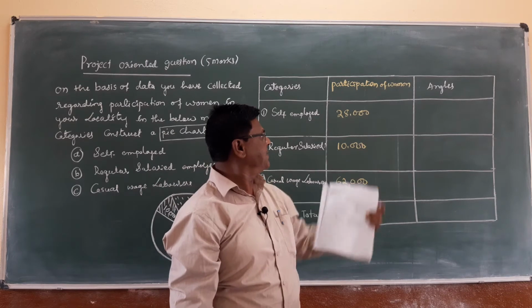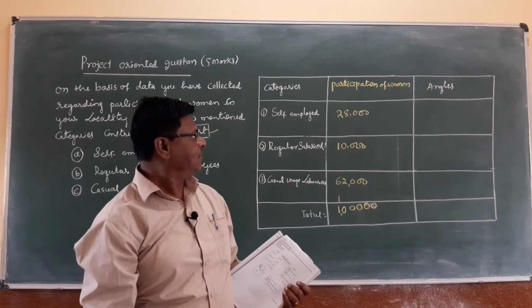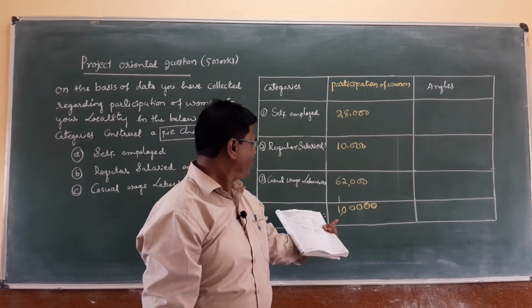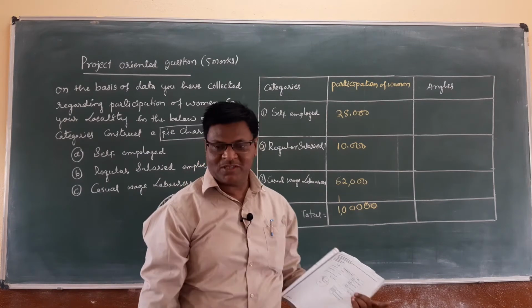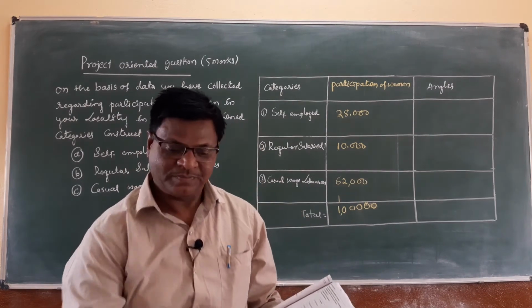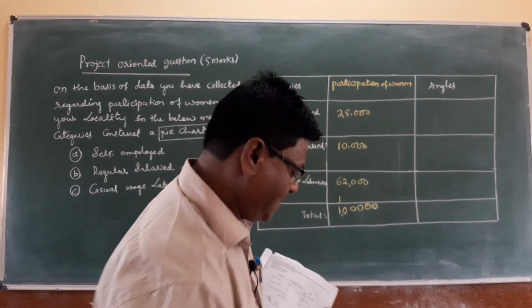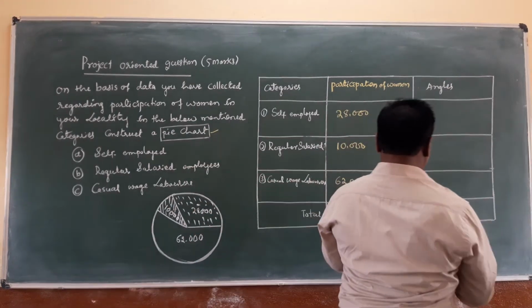And you calculate the angles. 28,000 divided by the total 1 lakh into 360 degrees.